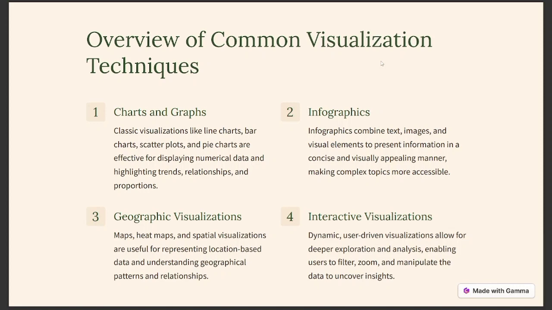Another one is the flow map. They show movement between locations, for example migration patterns and trade routes. 3D maps add depth to the visualization, allowing us to explore elevations and buildings. Remember, effective spatial visualizations should consider the audience, purpose, and data accuracy.